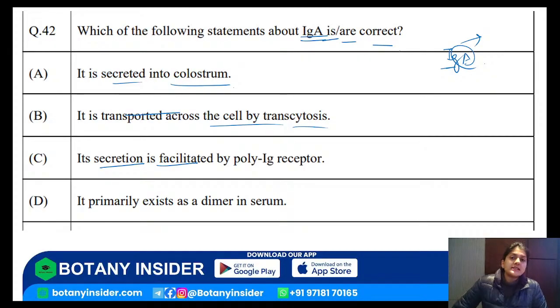Which of the following statements about IgA is or are correct? You can have one or more than one statement being correct. They are secreted in colostrum, and transported across the cell by transcytosis. Its secretion is facilitated by poly Ig receptor.